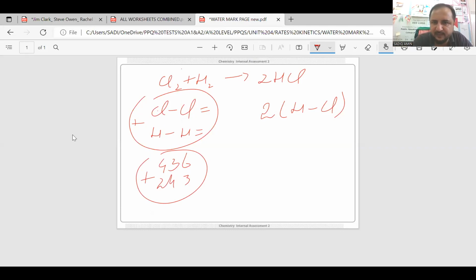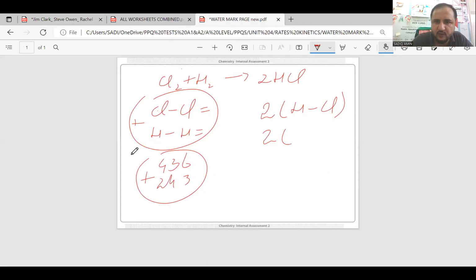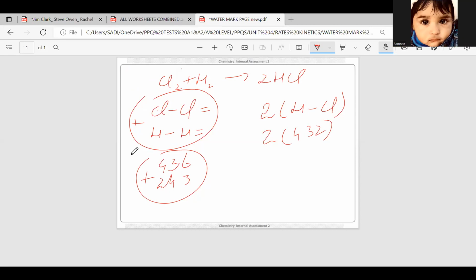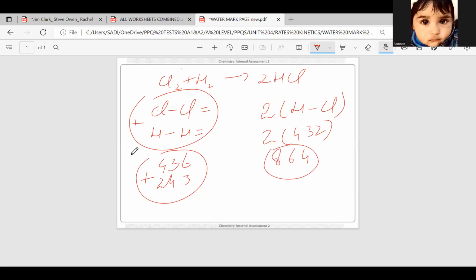I'll get an answer and I'll pick 2 times the HCl value, and the HCl value which is given to me is 432. So 432 is the HCl value, right? Now multiply with 2. So it's 864 on the right-hand side, and the left-hand side is 679.